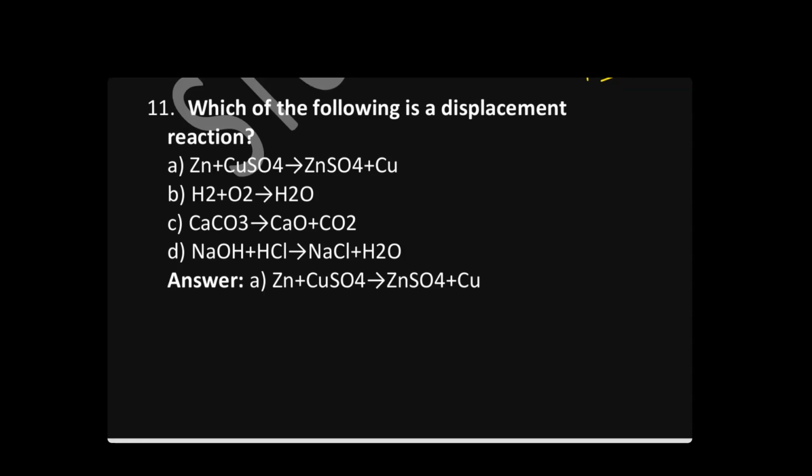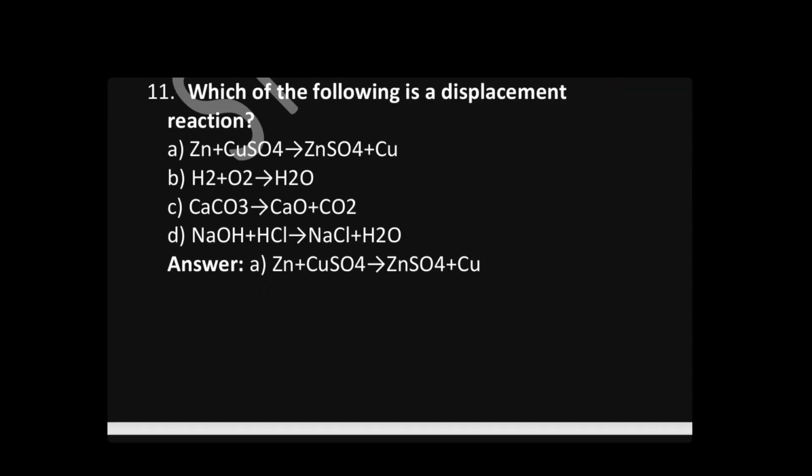In the next question, they are asking, which of the following is a displacement reaction? The name indicates that something is replaced by some other metal or element. So in the first option, Zn plus CuSO4 gives ZnSO4 plus Cu. Here H2 and O2 combine together to form H2O. CaCO3 is decomposed into CaO and CO2. NaOH plus HCl is a neutralization reaction. So the first is a displacement reaction. What is displaced?